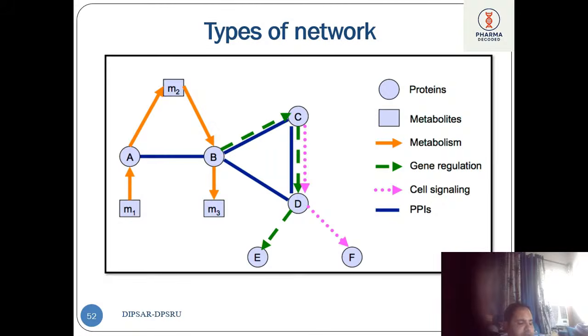These are the different types of network we already discussed. It can be proteins, metabolites, gene regulation, cell signaling. It depends. And the circles in every network represent the nodes, or we call them vertices, and these are the links or the edges, right? So don't forget that part.